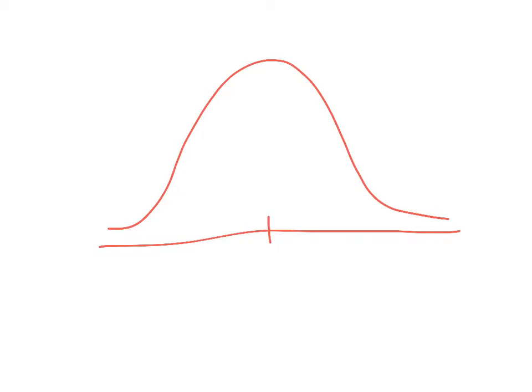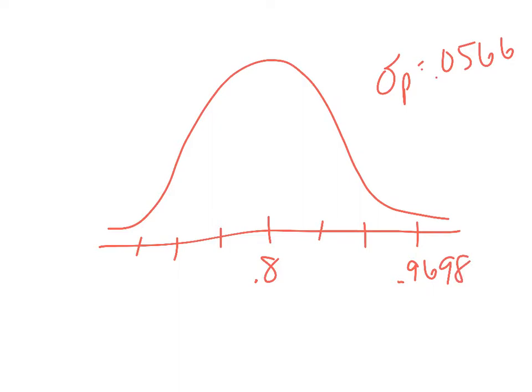Using that information, we can draw a normal curve with our null hypothesis as the mean. Our null hypothesis is the mean at 0.8, and remember, our standard deviation here was 0.0566. I'm not going to try to cram each value in there because it will become super messy.